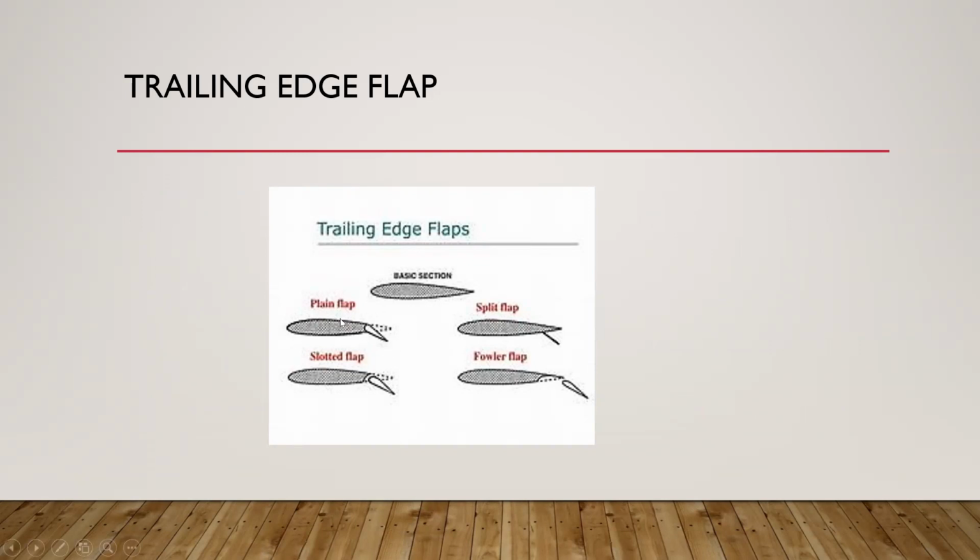The different types of flaps are plain flap, split flap, Fowler flap and slotted flap. The plain flap is like a small airfoil, whereas the split flap splits from the airfoil section. The Fowler flap is attached at the end of the airfoil. In the slotted flap, there is a slot between the leading edge section and the trailing edge section in the middle.